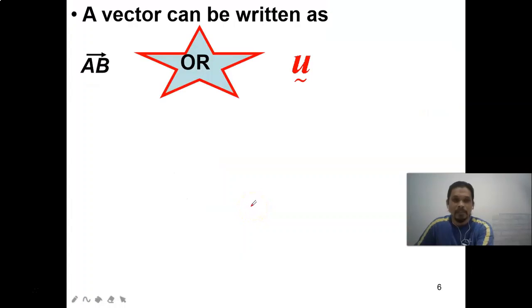Okay, a vector can be written as vector AB, or we can represent it with a single vector notation u from A to B, which we call a label.